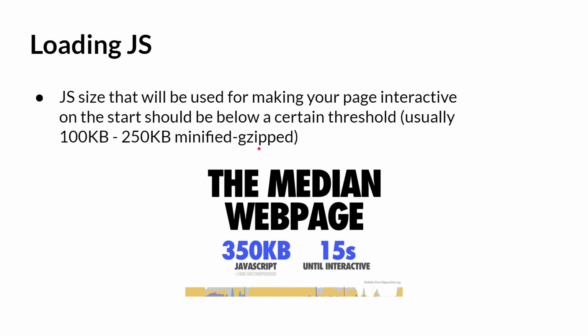Gzip meaning it's also compressed on the server side. Minified, that means it becomes unreadable by a human, but you can still sort of go through it. But that means it has removed all the spaces or changed the names to single letters, just so that it can be below a certain size.